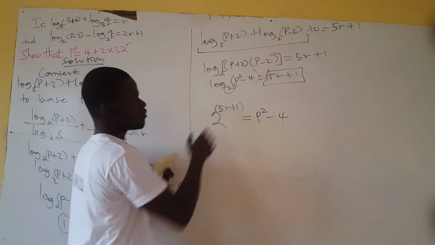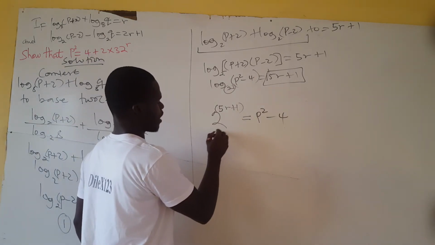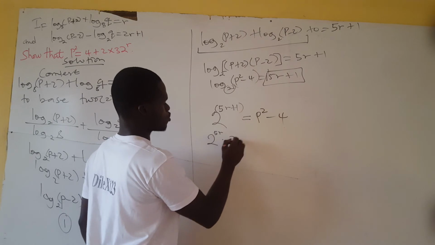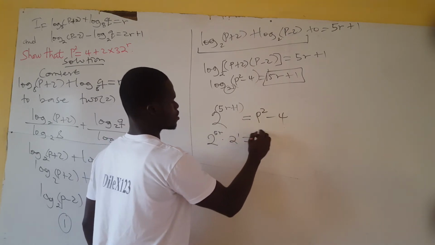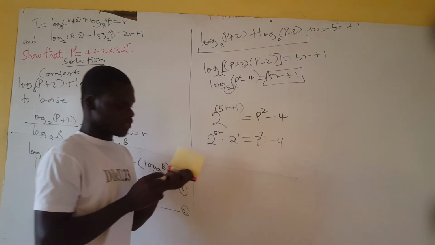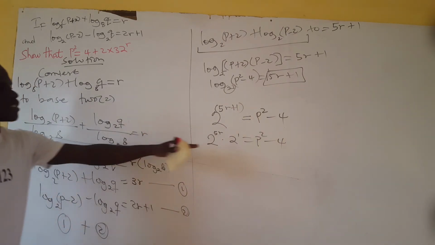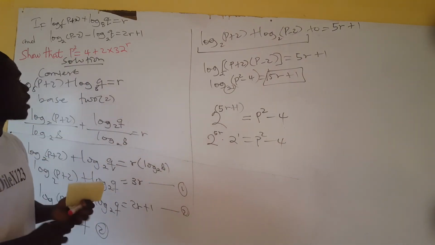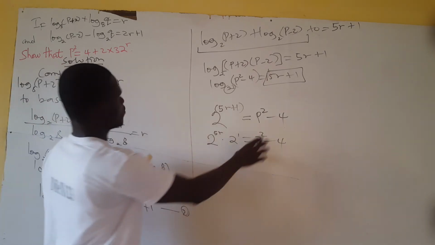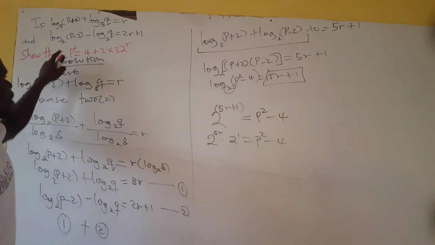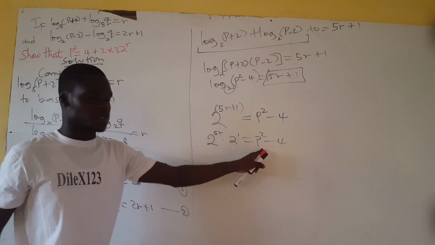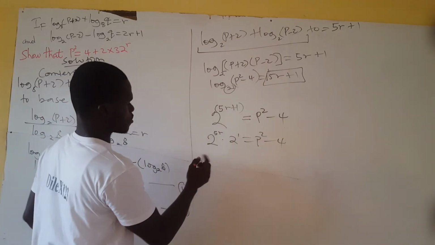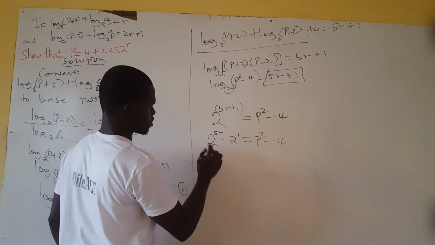Now, this can be rewritten as 2 exponent 5r times 2 exponent 1 equals p squared minus 4. When we get to this point, we have to make sure that whatever answer we are getting follows the format of the proof we are trying to have. P squared has been made the subject, so we also have to make p squared the subject here.